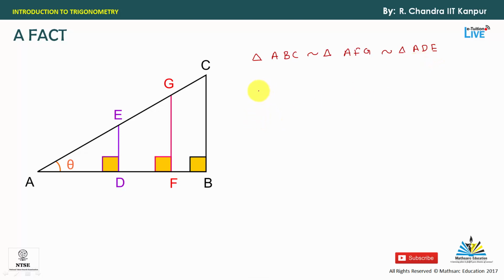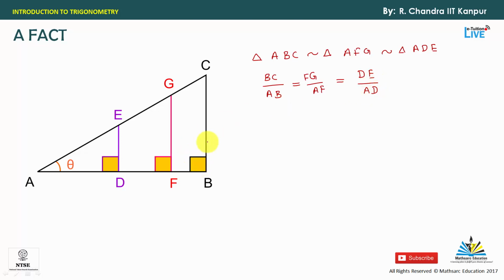What does this similarity of triangles mean? This means in triangle ABC, BC upon AB is equal to FG upon AF is equal to DE upon AD.